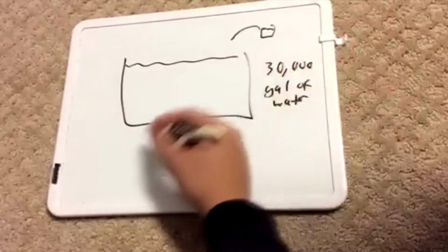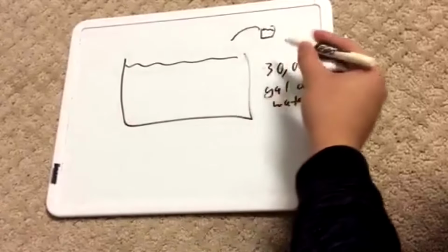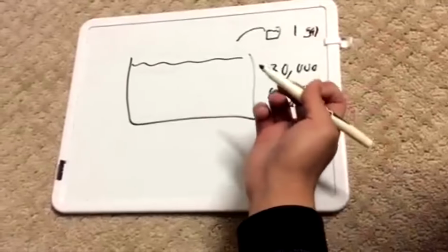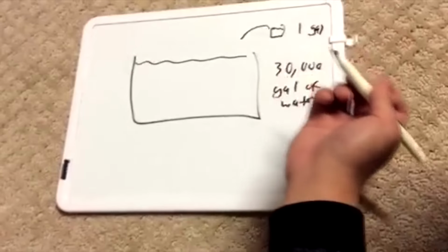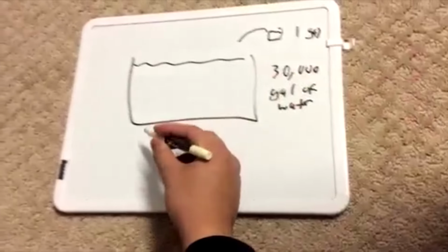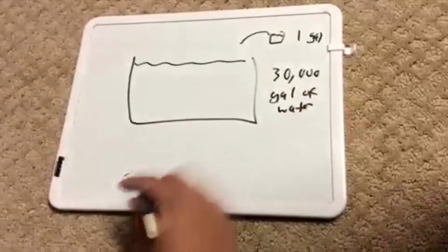No, because I would still have approximately 30,000 gallons before and after I added the extra gallon, because 30,000 gallons is not a very precise measurement. In this case, we can see that 30,000 plus 1 equals 30,000.